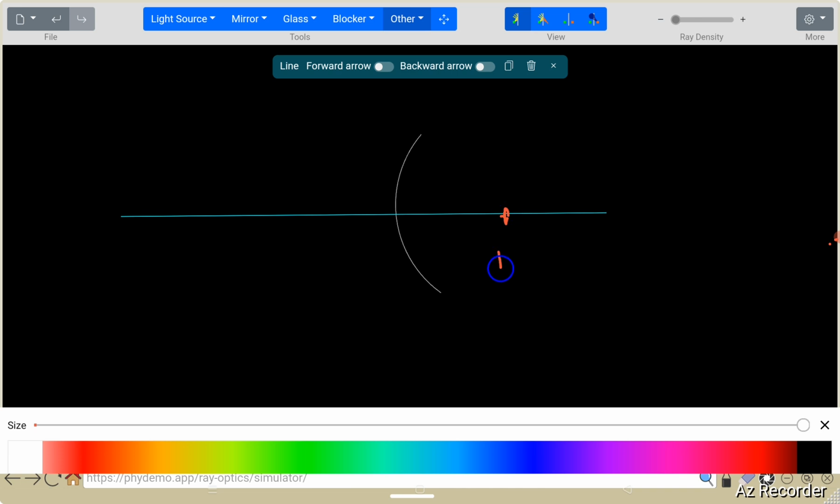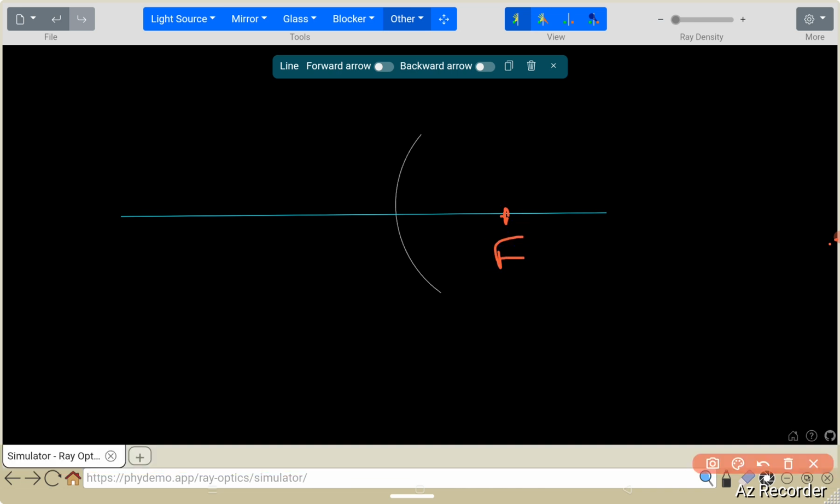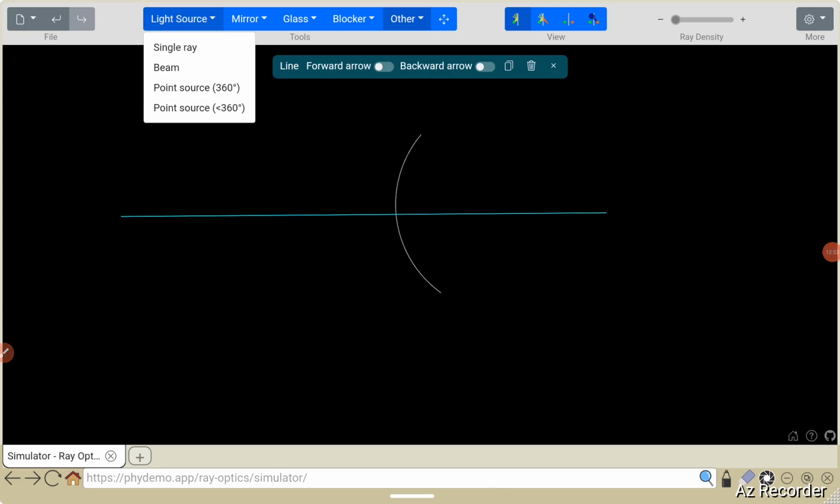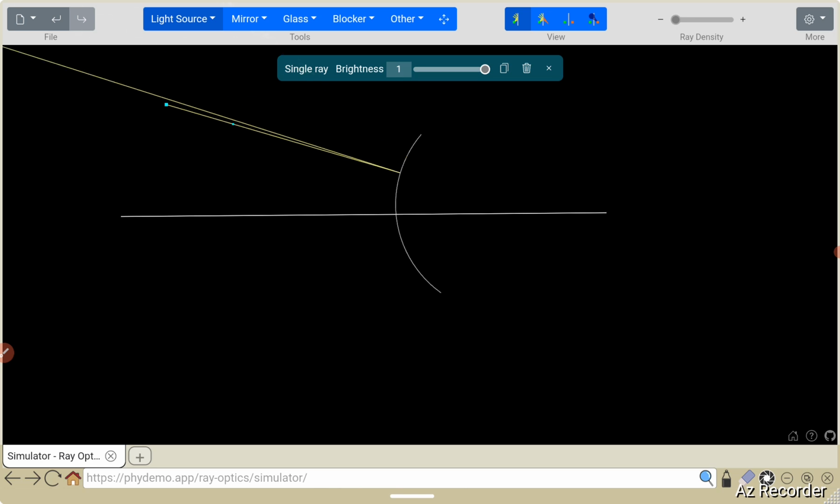Let me just take focus like this. Okay. Then what I will do is, I will just think of one single light ray which is passing through that point.